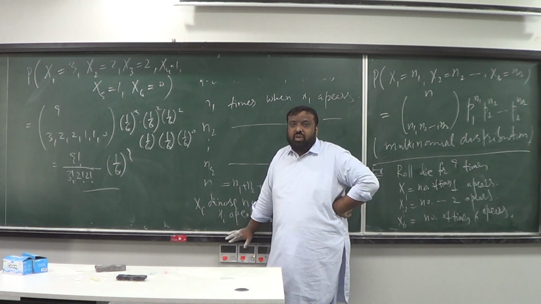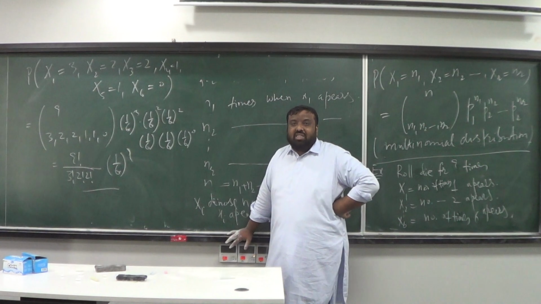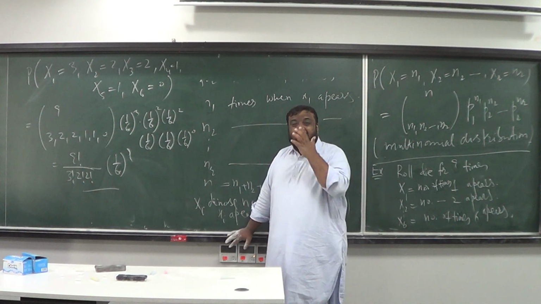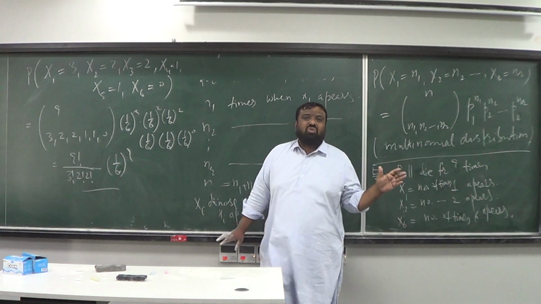So one thing you can do, and that would be an interesting exercise basically, is take a multinomial trial, in other words, one in which there are R outcomes.